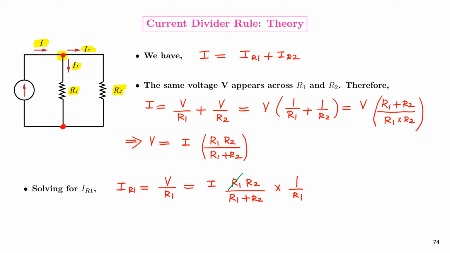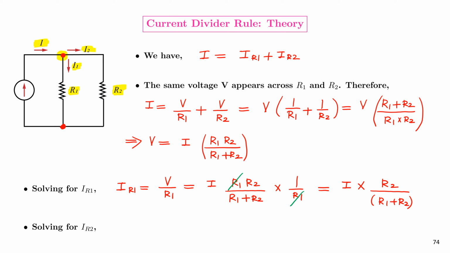The R1s get cancelled, resulting in the current IR1 as equal to I multiplied by resistance in the other branch, that is R2, divided by R1 plus R2, which is the current divider rule for the current that is flowing through the resistor R1.